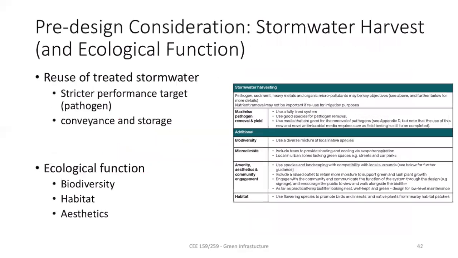Then the final one is ecological functions or what's the intended use. For instance, if you have use for drinking water, then you've got to have stricter regulations about what pollutants have to be removed. And second, if you have a location which has lots of pathogens and you have to use it, for pathogens the limit is 1 in 100 ml.